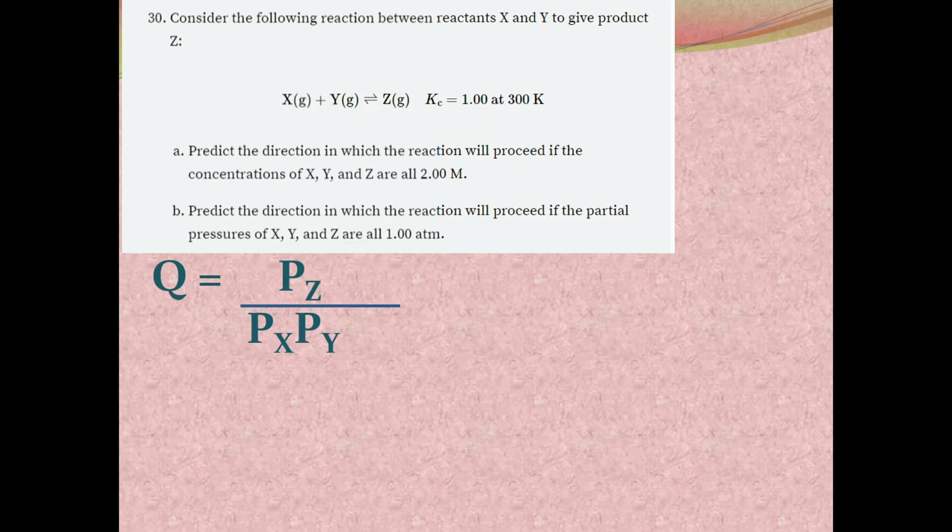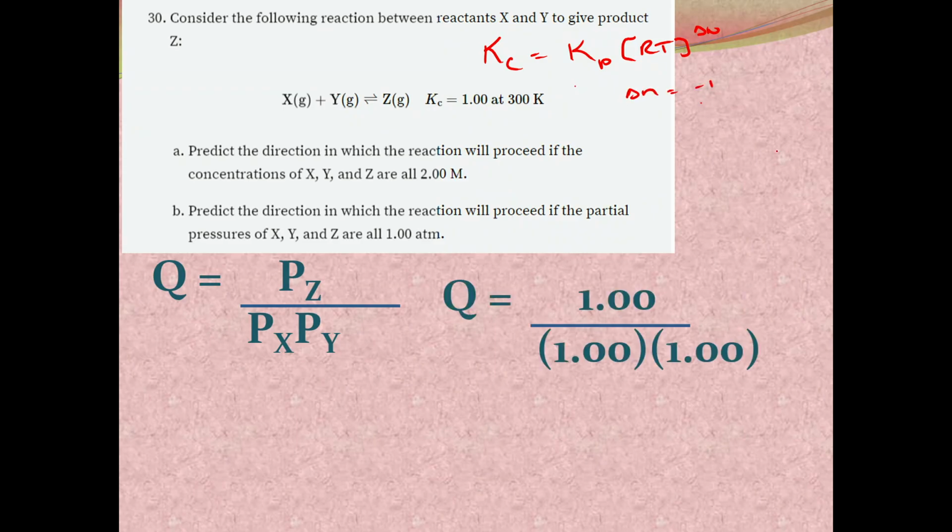If I'm working with atmospheres, I should be converting to K sub P. If I convert to K sub P, then my K sub C equals K sub P times RT to the delta N. Delta N here is equal to -1.